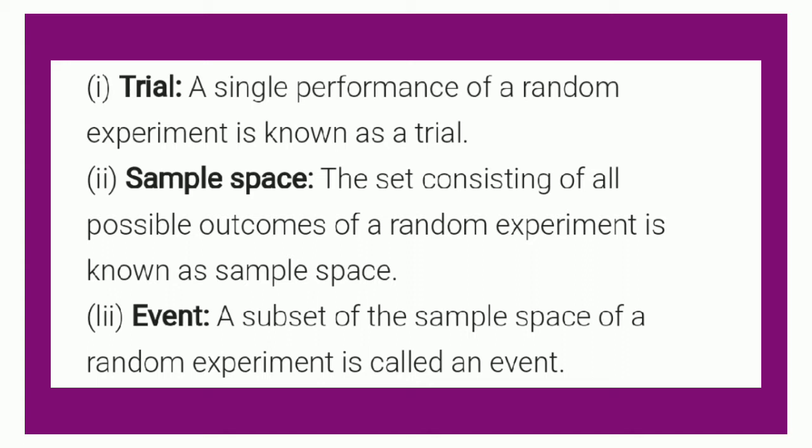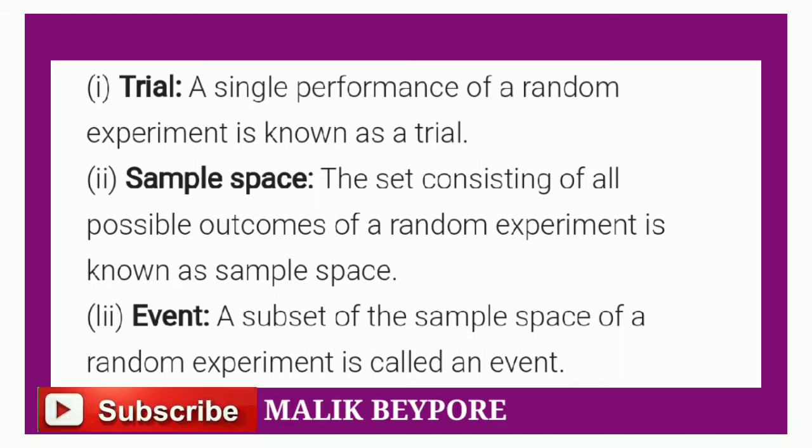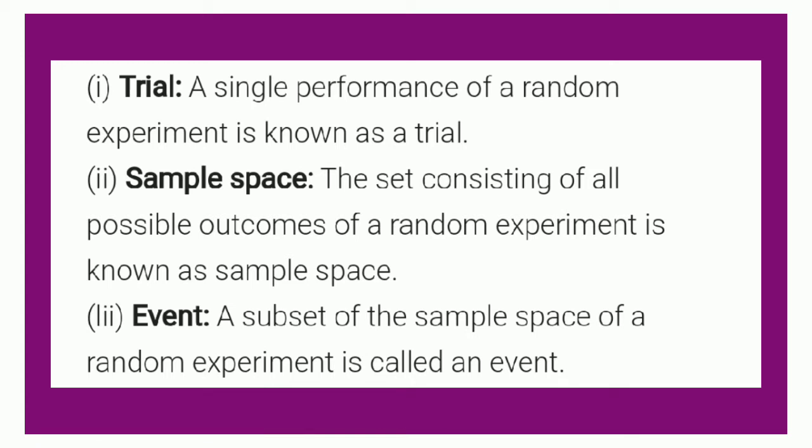Then event: a subset of the sample space of a random experiment is called an event. Simply, we can say an event is a collection of some outcomes. For example, throwing a die and getting an even number. What are the even numbers on a die? 2, 4, 6. So 2, comma 4, comma 6 is an event.